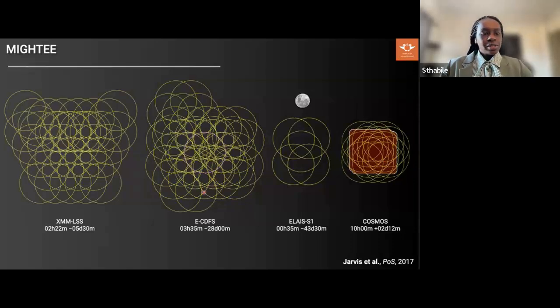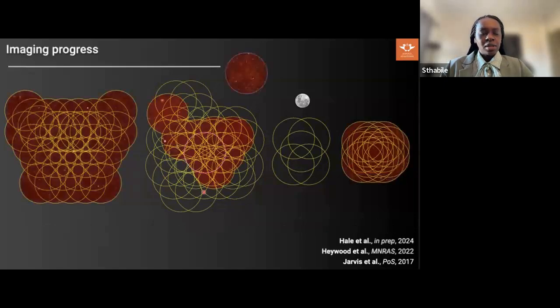And then the other 2 fields, XMM-LSS, Chandra Deep Field South and Elias S1, have also been targeted, as mentioned, and data release 1 for XMM-LSS has the observations and imaging complete. So that means our calibration has been done by Ian Haywood and team, and we are able to use the data products now. Imaging is still in progress for Chandra Deep Field South.